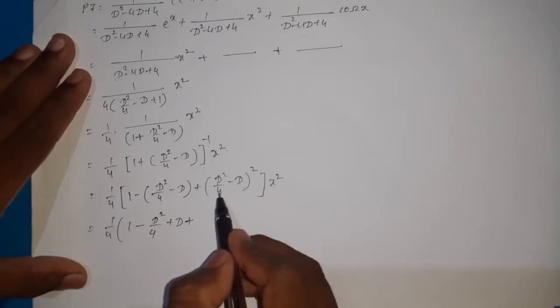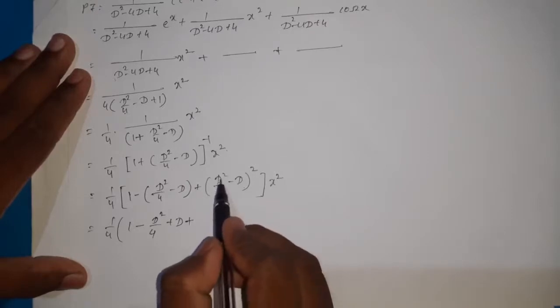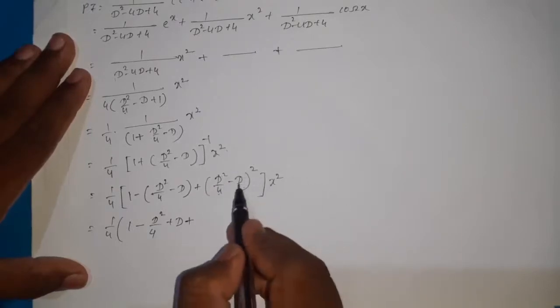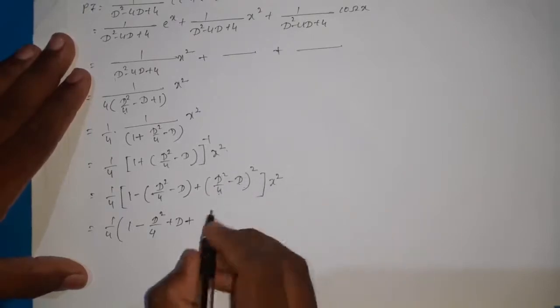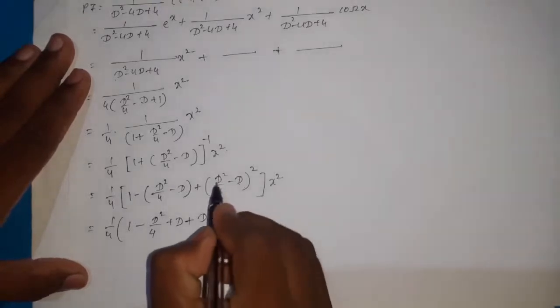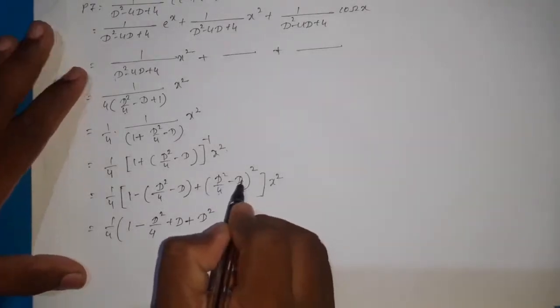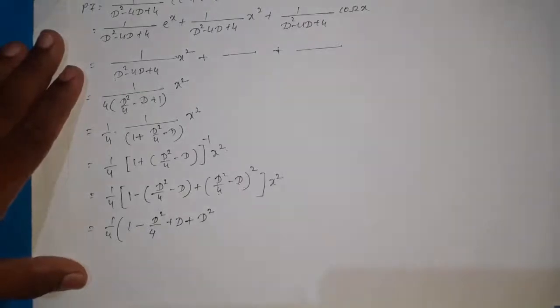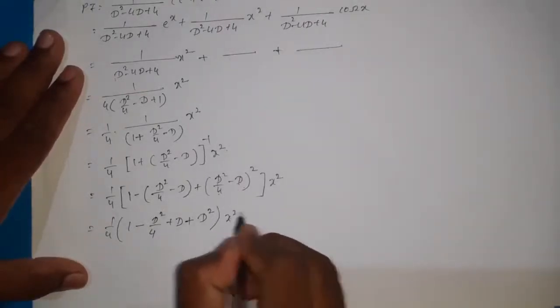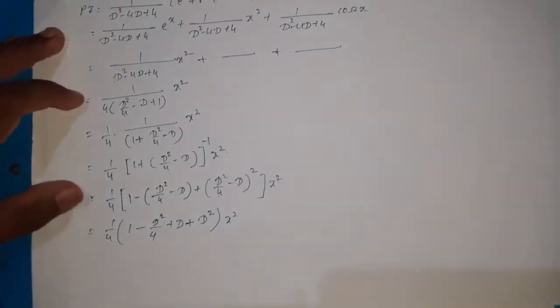If you consider a square, that becomes D power 4 by 16, which is greater than 2, so we cannot consider it, and b square is D square, we can consider. The 2ab term will be D cube, because here it is D square and D, we need to multiply these two, that becomes D cube. So that is a higher order derivative, so it need not be considered.